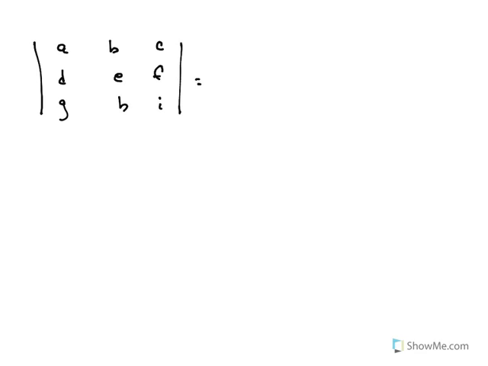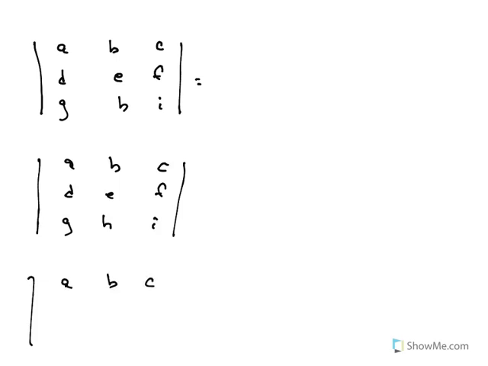We saw how to do the 2 by 2. Now let's do the 3 by 3. What I'm going to do is go ahead and write this 3 times so I don't have to erase. All right, so I just rewrote it 3 times, but how do we do it?